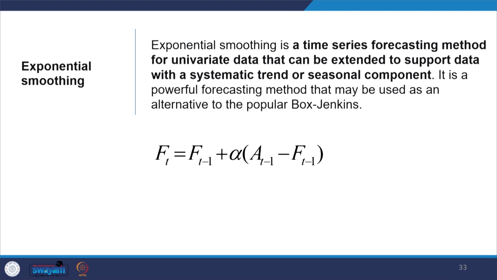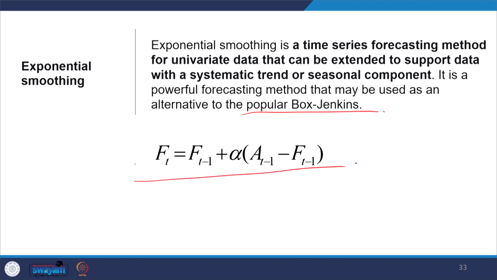Then you have exponential smoothing. Exponential smoothing is a time series forecasting method for univariate data that can be extended to support data with a systematic trend or seasonal component. It is a powerful technique used as an alternative to the popular Box-Jenkins method, which we discussed. So, what is happening here?